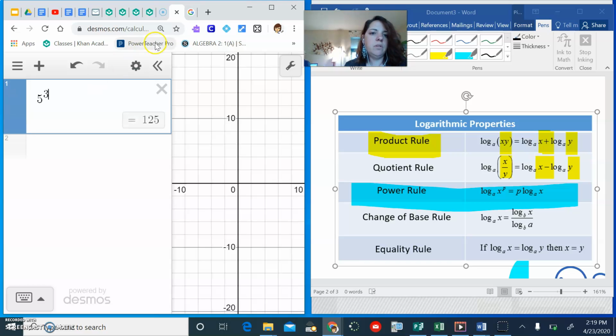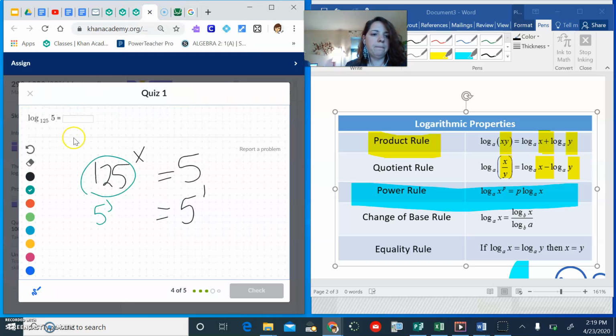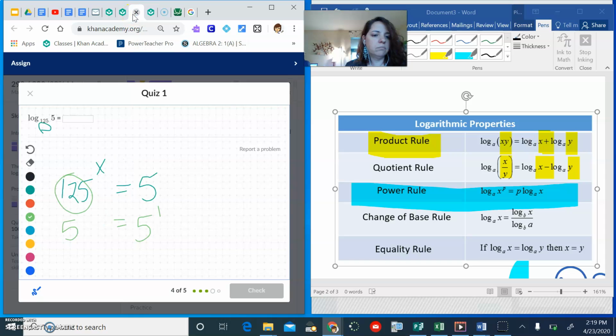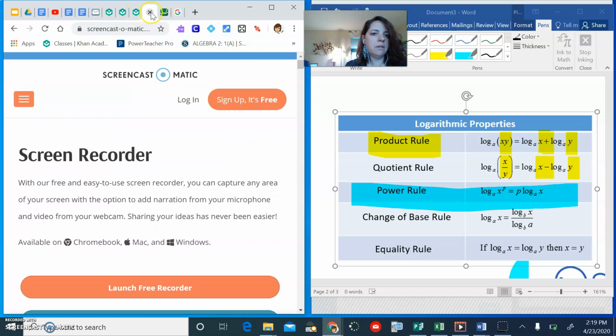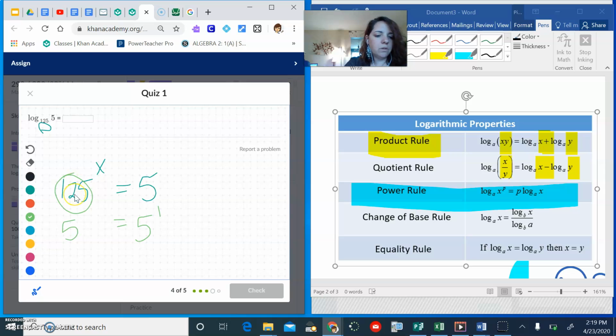Hey, 5 cubed equals 125. So I rewrote that 125 as 5 cubed and stick my x on there.